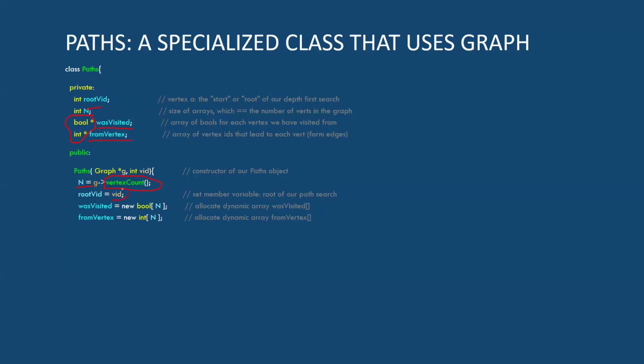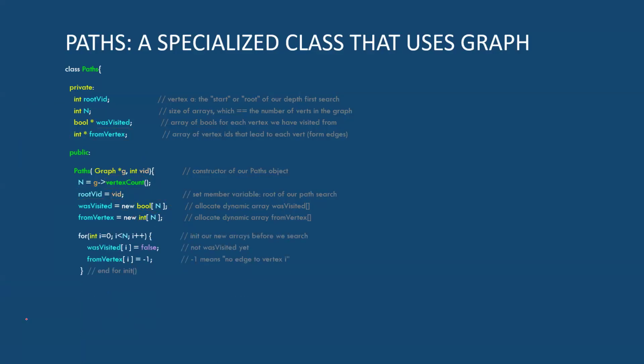I'm going to pull the vertex ID into my own root ID. I'm going to dynamically allocate a Boolean array of size n and our path ID number array called fromVertex. So that's the first part of my constructor.